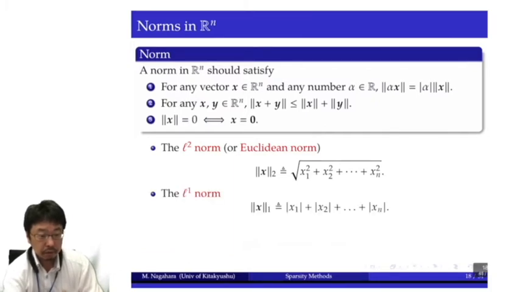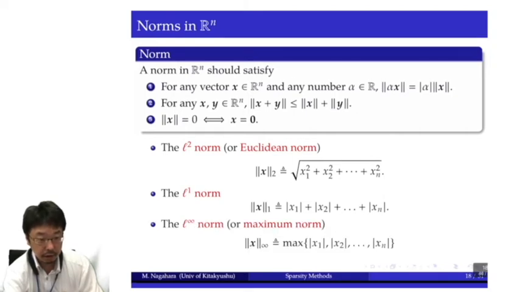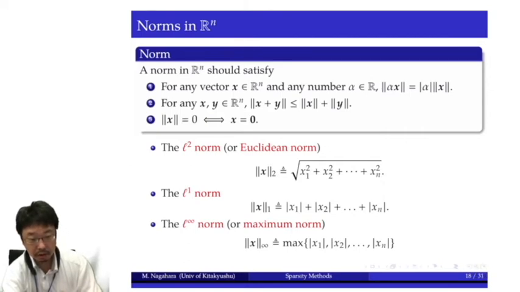Also, the L1 norm is defined by the sum of absolute values of the elements. The L infinity norm or maximum norm is defined by the maximum of the absolute values of the elements.